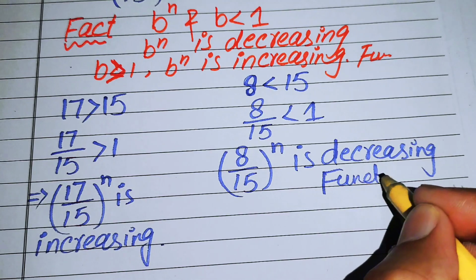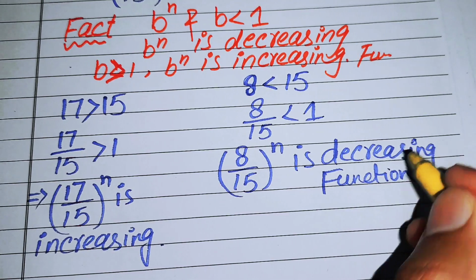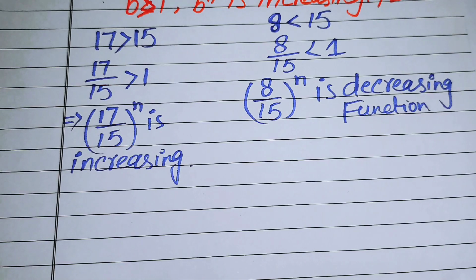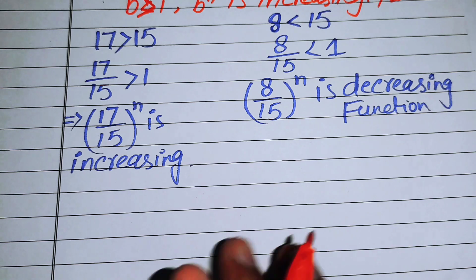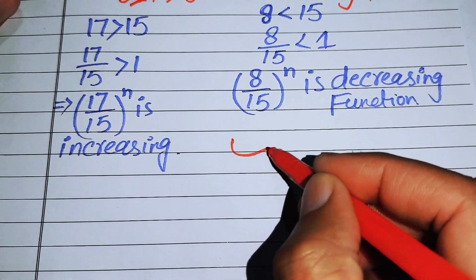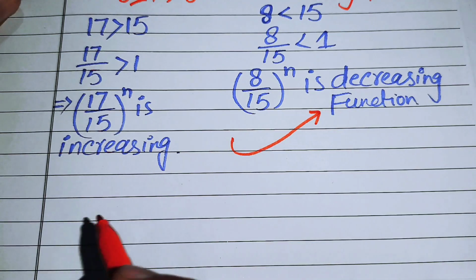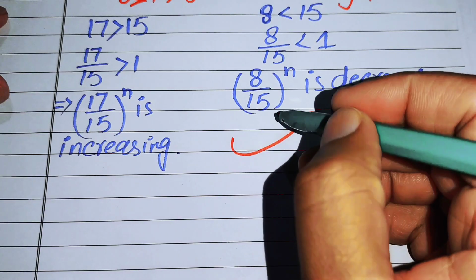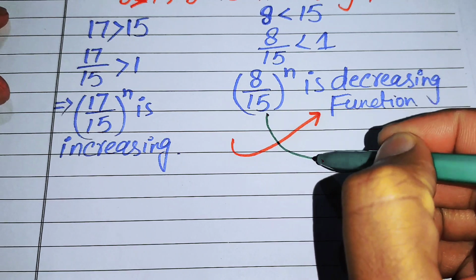In the next step we will make the visual representation of increasing function as well as decreasing function. The graph of an increasing function looks like this form. It always moves upward, and similarly the graph of a decreasing function looks like this decreasing form.